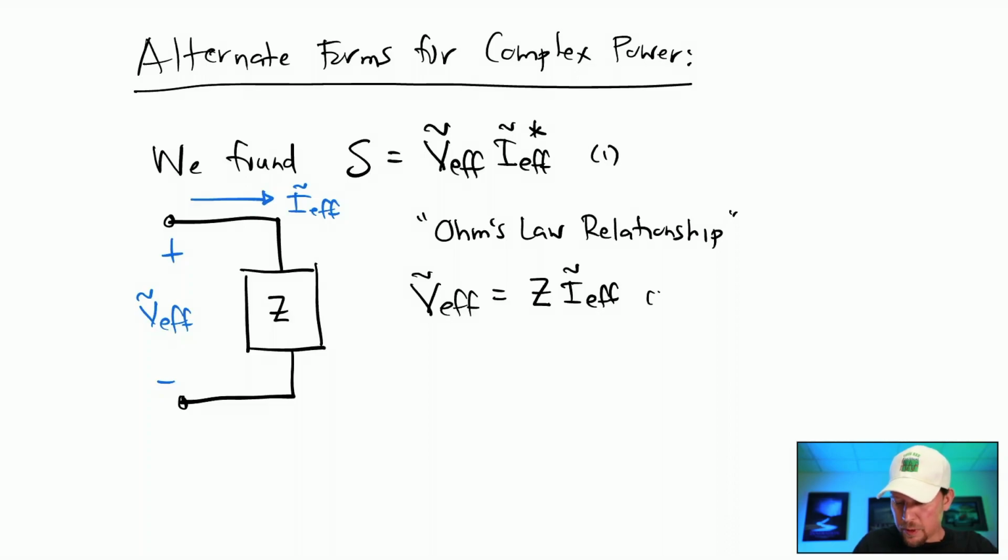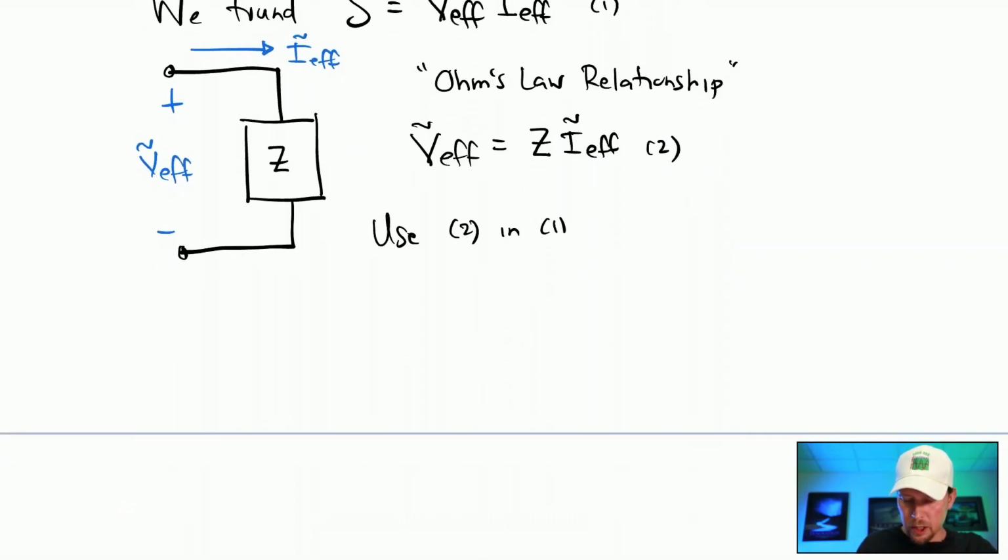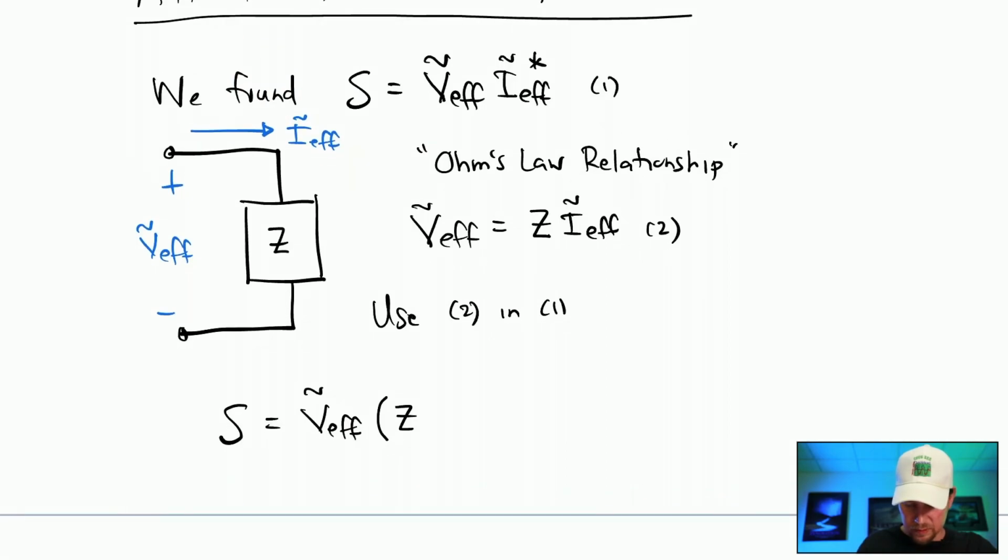Now, if I call this equation 1 and this equation 2, one of the things that I can do is I can actually use 2 in 1 by directly plugging in. So here, my complex power, well, it's still my effective voltage phasor. But now what I'm going to do is plug in, let's actually do it the other way around.